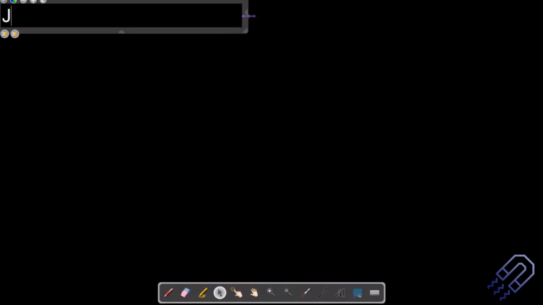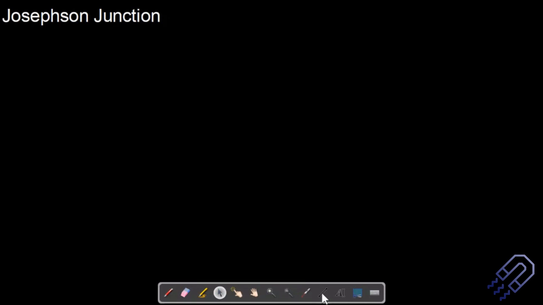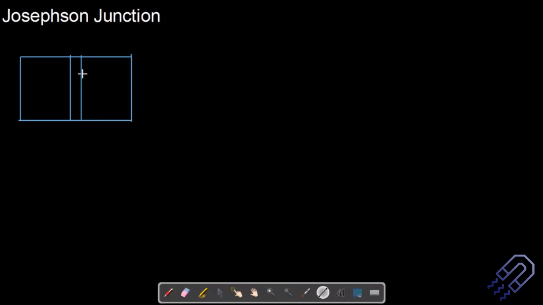Let's try to understand this Josephson junction. For that, I'll draw a few figures, and I think it should be clear. There are different ways of drawing it, but let me tell you this. Let's say I have two superconductors. Why two? Because I'm separating the superconductor by a bar. This is the separation, and this might be an insulator.